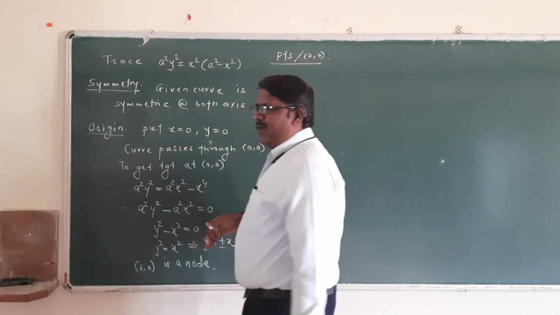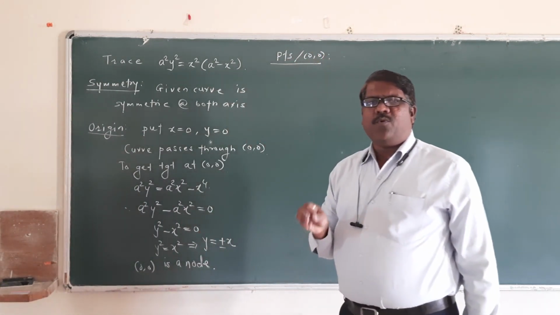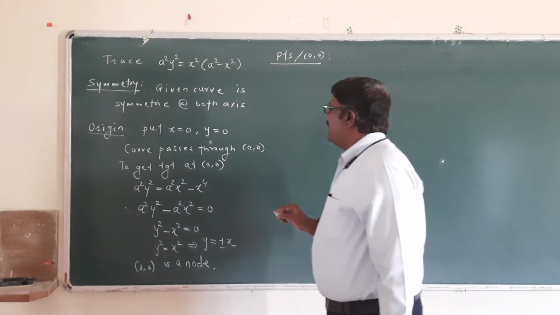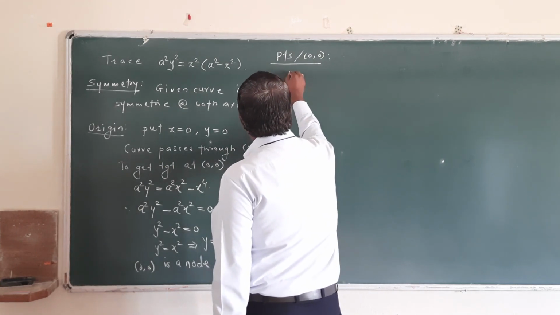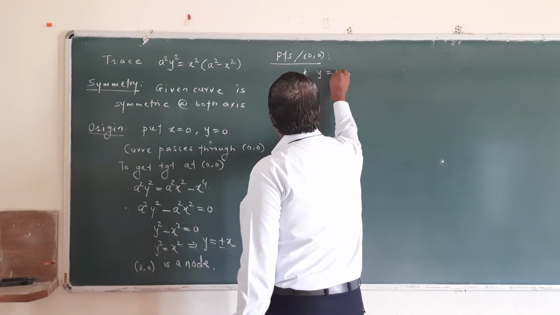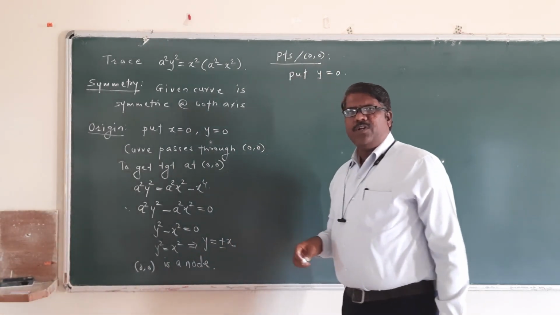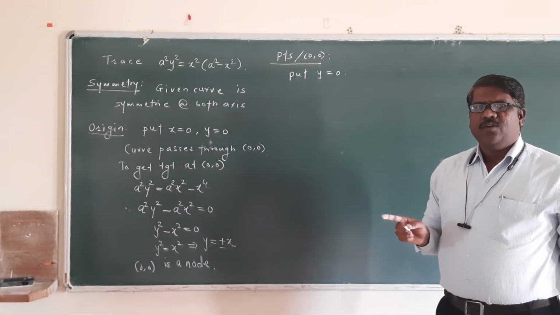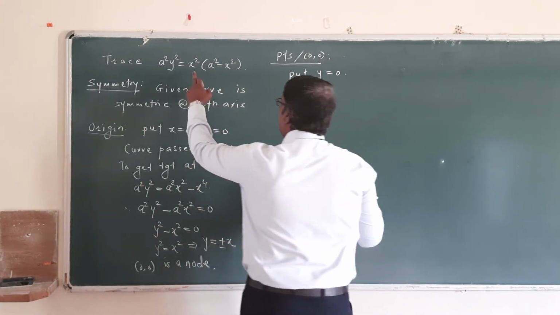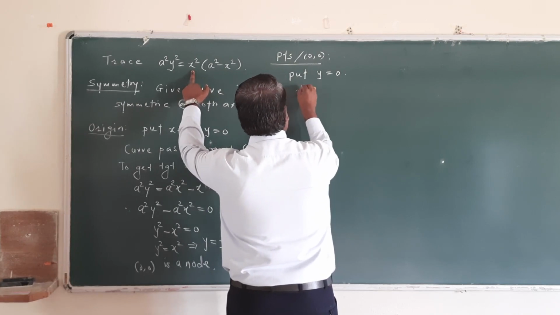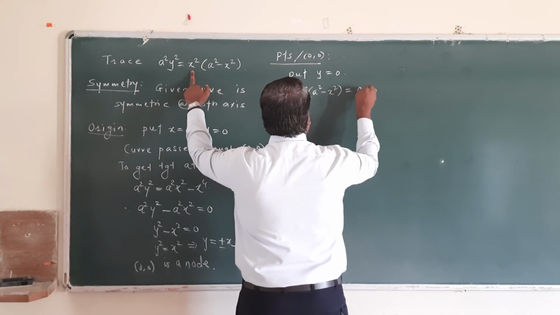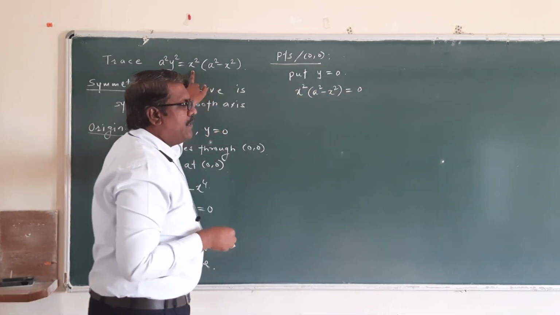In this point, we find the points of intersection for the given curve other than origin. To get points of intersection on the x-axis, put y = 0. When y is 0, the equation becomes x²(a² − x²) = 0.